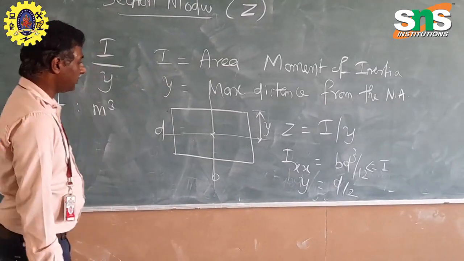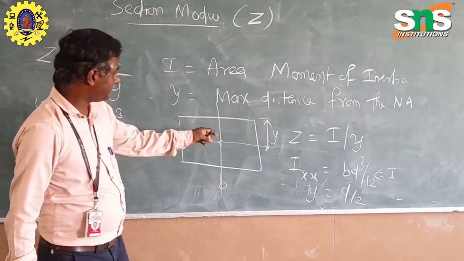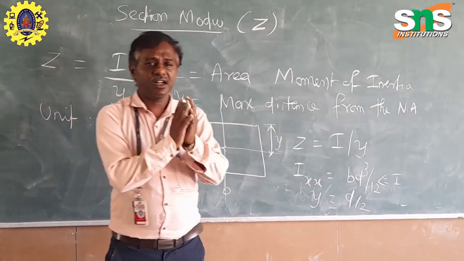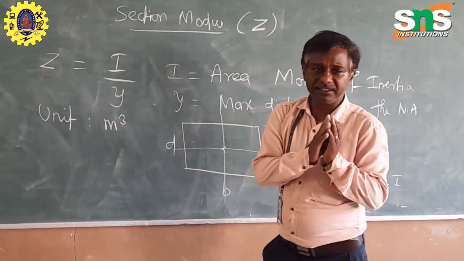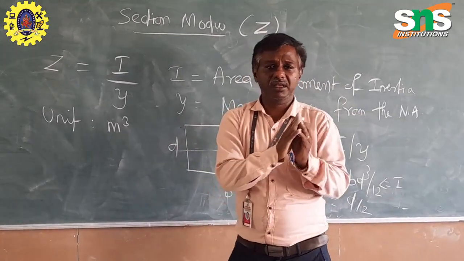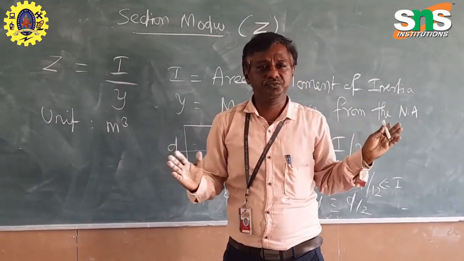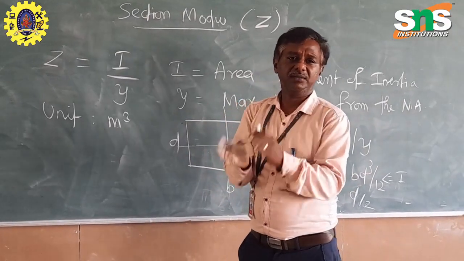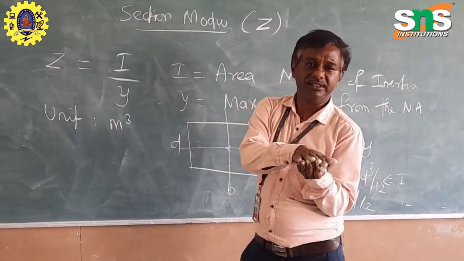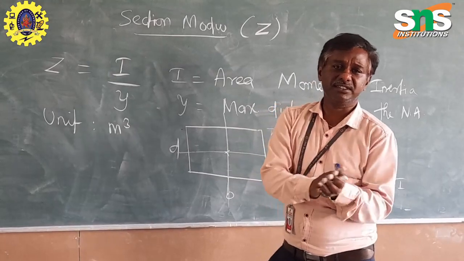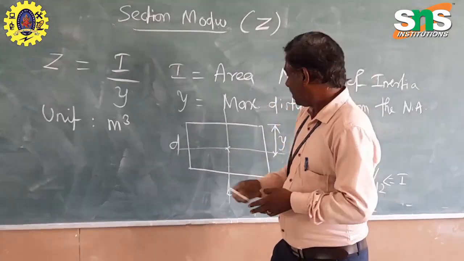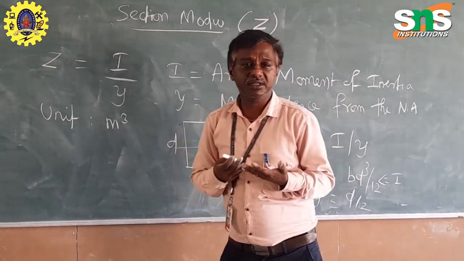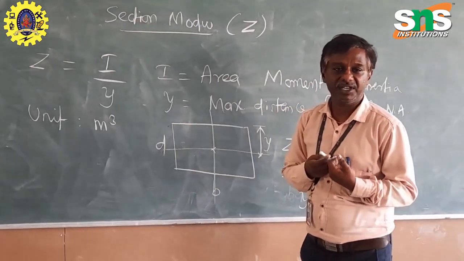Then, the neutral axis. The neutral axis is the axis where a section can be separated exactly into 2, and if you fold it, it comes together, so it becomes symmetrical. That axis is called the neutral axis. And what happens to the bending stress there?